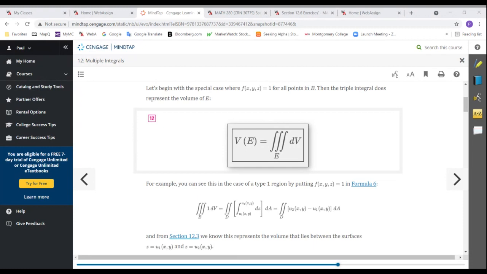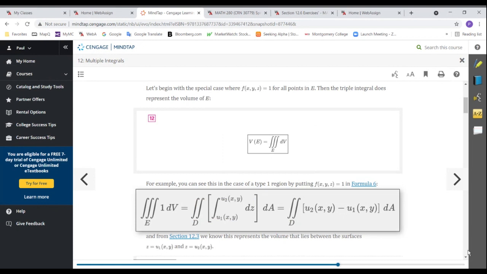Now, why is that true? Well, if you have a type 1 solid region E, then you're going to integrate with respect to Z first.